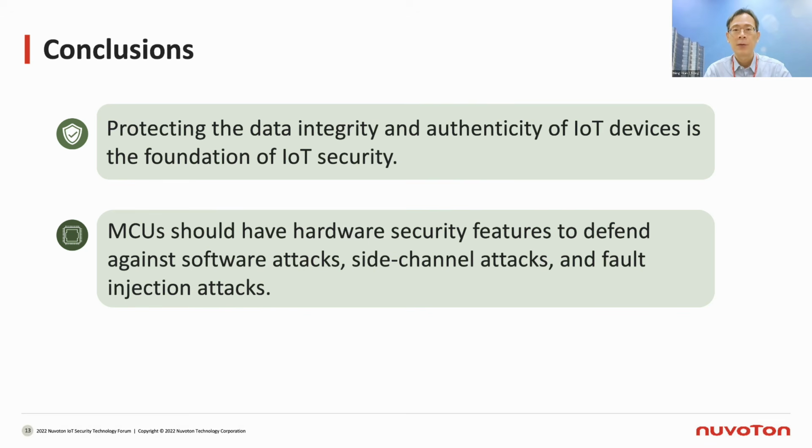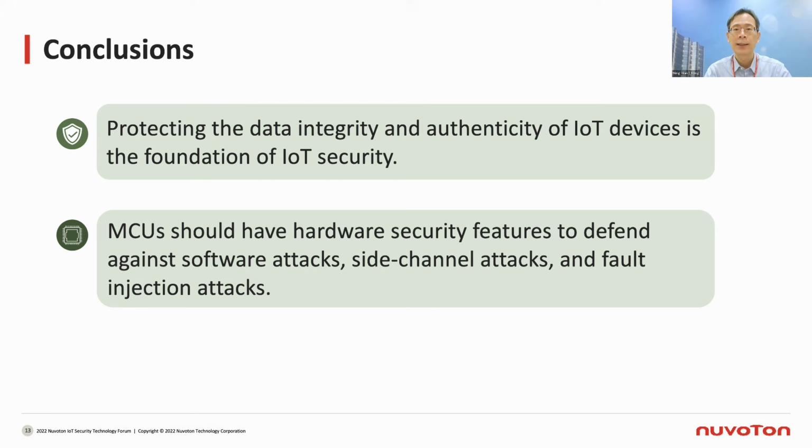In the previous introduction, we talked about the IoT system can be divided into 4 layers. From the perspective of IoT security architecture, the data generated by the underlying IoT devices will be transmitted to the upper layer for further use.